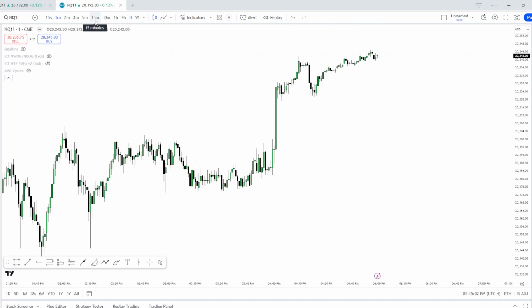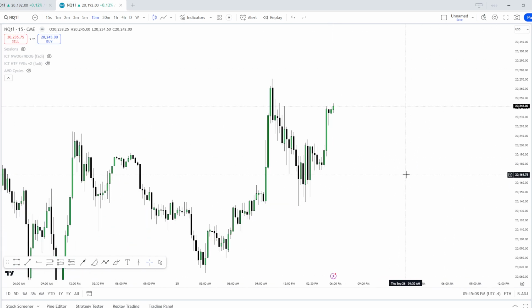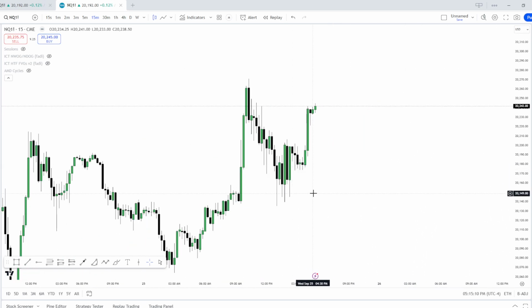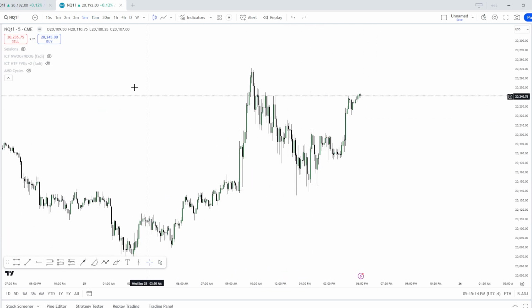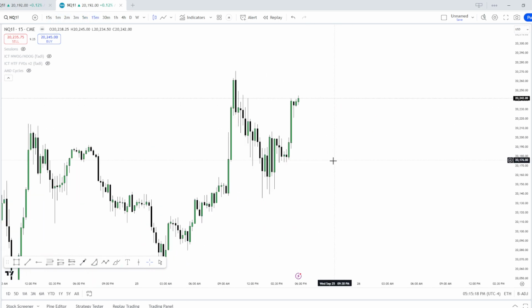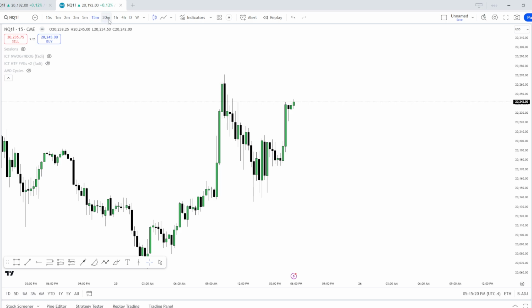So what I'm essentially looking for as the first part of the model is a liquidity sweep of a high or low on the 15-minute time frame or above. This means that I'm not looking for highs or lows on the 5-minute or anything underneath it. I'm just looking for highs or lows on the 15-minute, 30-minute, 1 hour, 4 hour, whatever time frame is above the 15-minute.